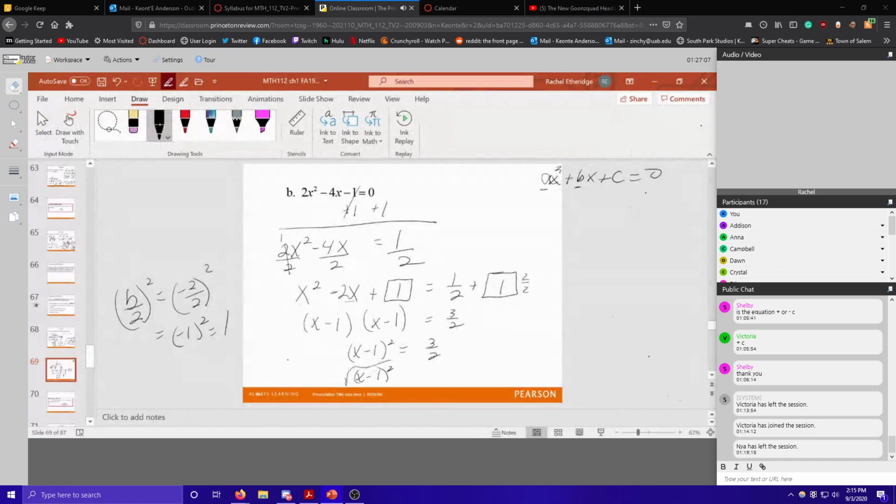Remember to put your plus or minus here. And then basically we have to just write our two equations and solve from there.